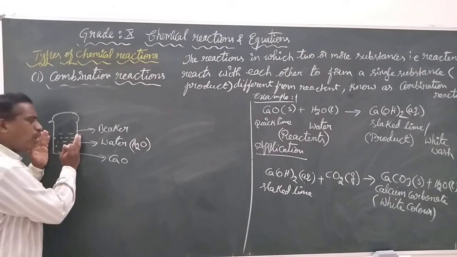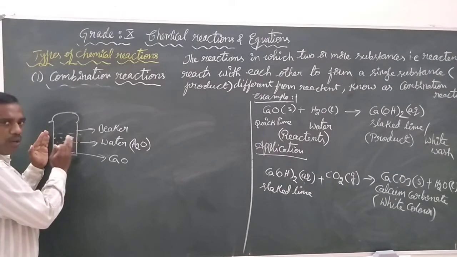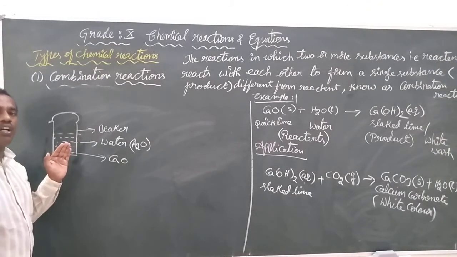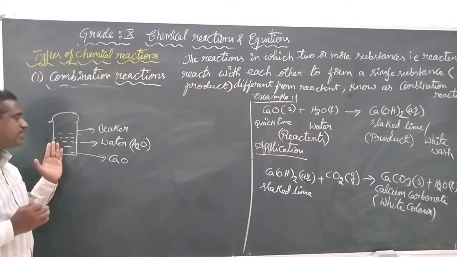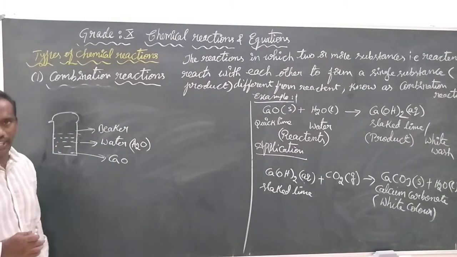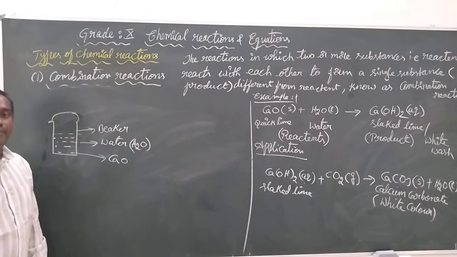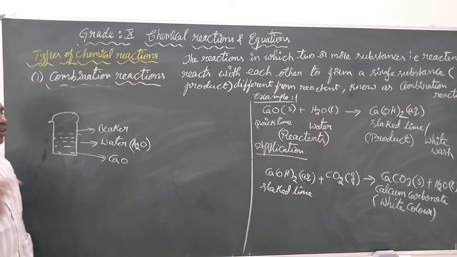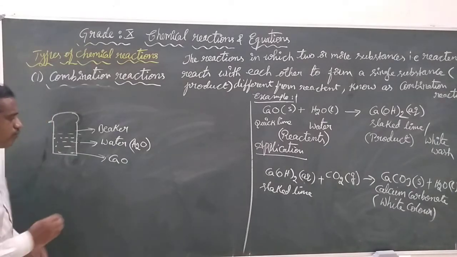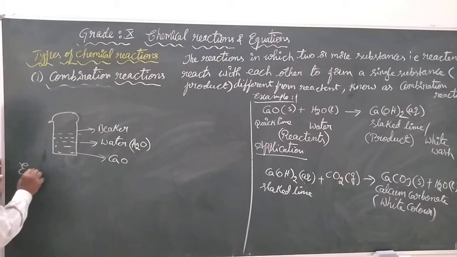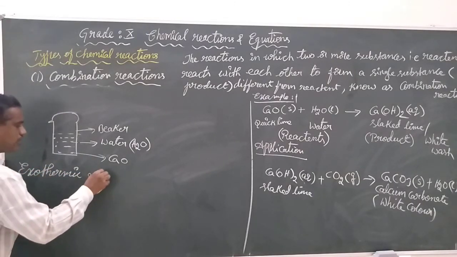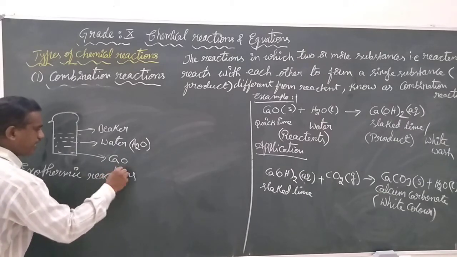When we touch the walls of the beaker, we will observe that some heat is evolved out of the container. That means heat is given from the reaction to the surroundings. These types of reactions we call exothermic reactions.